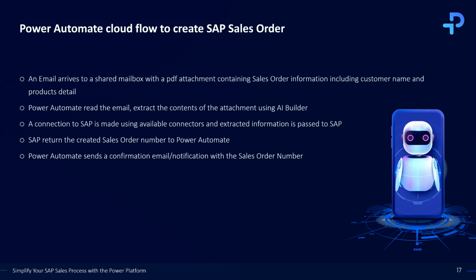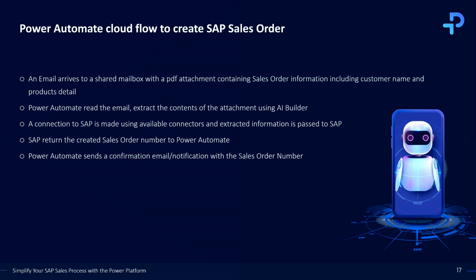So if AI Builder could not read it or the accuracy is not sufficient, we can always redirect it to a manual route so that someone reviews that extracted information and then processes it in SAP. So the flow will be: an email is sent with an attachment to a mailbox. AI Builder will read that and extract the information.